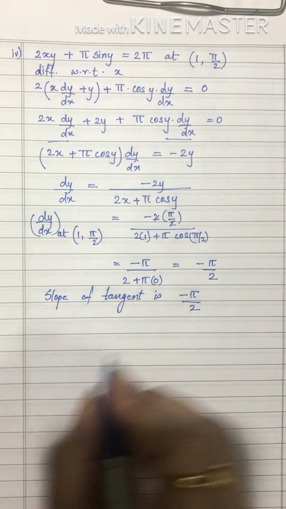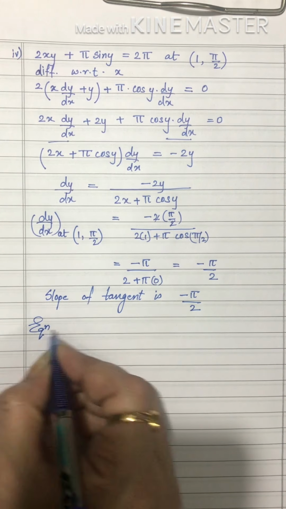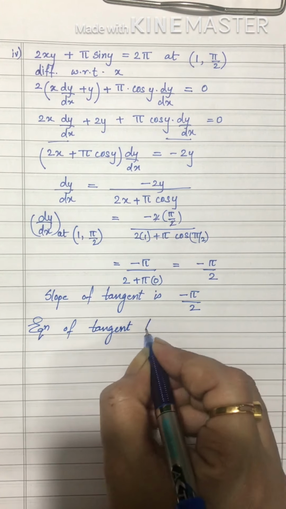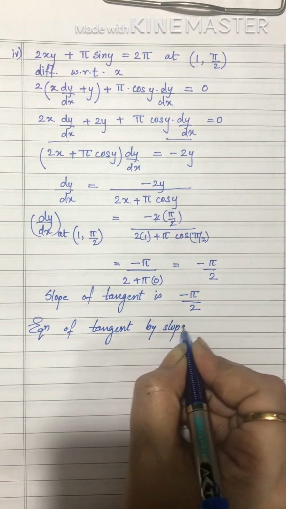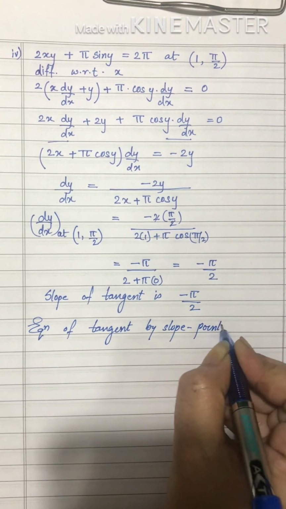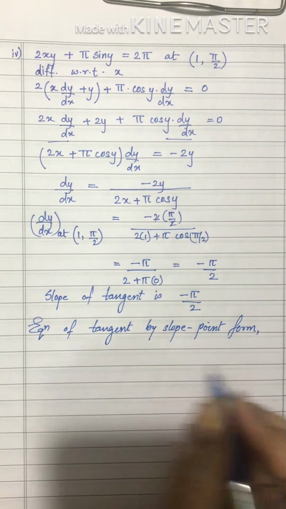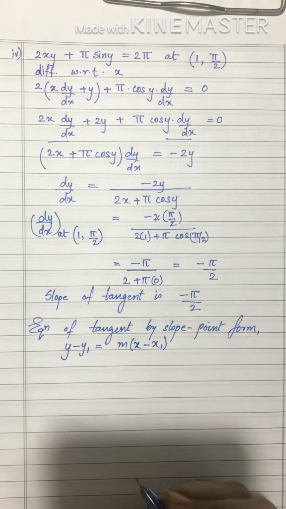Fine. Now moving further, finding the equation of tangent by using slope point form. Equation of tangent by slope point form, what we will get? y minus y1 is equal to m into x minus x1.